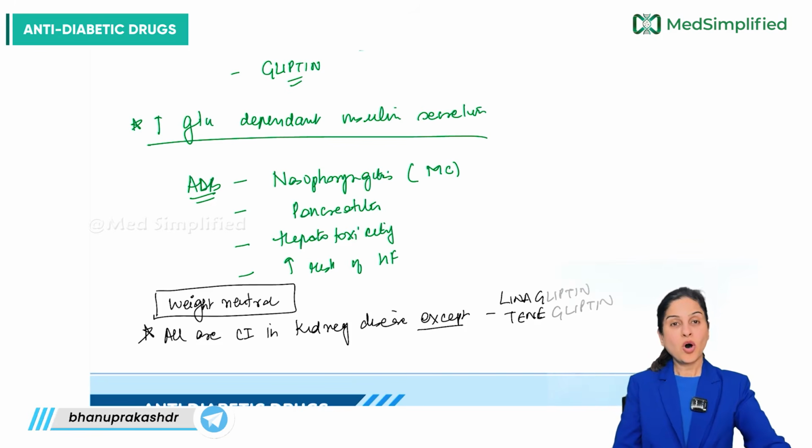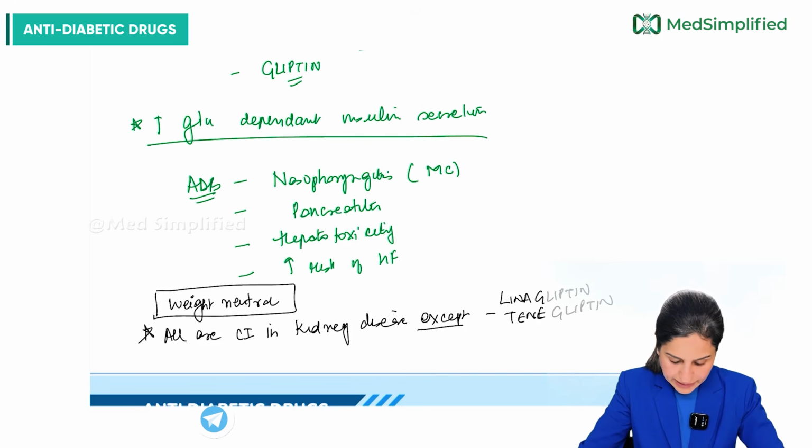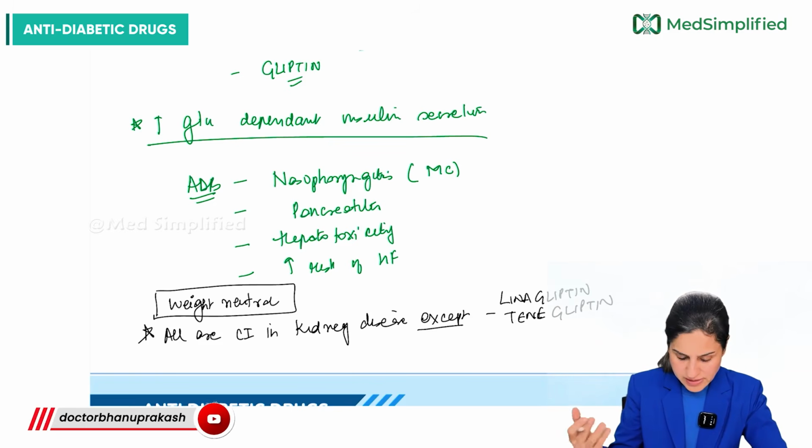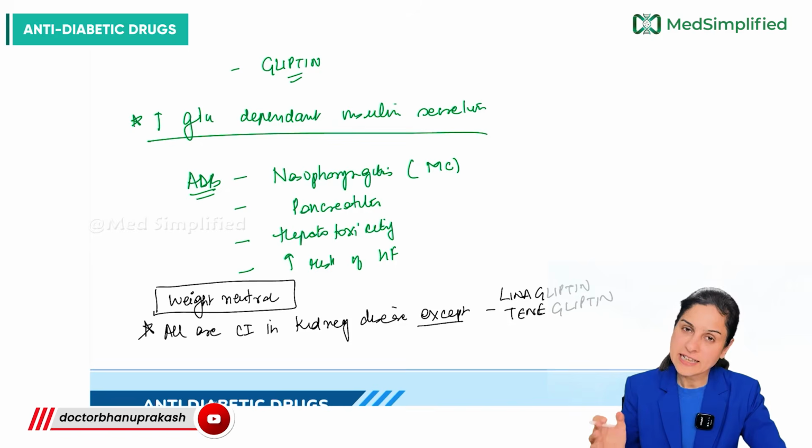So all are contraindicated in kidney or renal disease except linagliptin and tenegliptin. This becomes an MCQ question. You have to know the exceptions, which of them is not contraindicated or is safer to be used in renal disease.